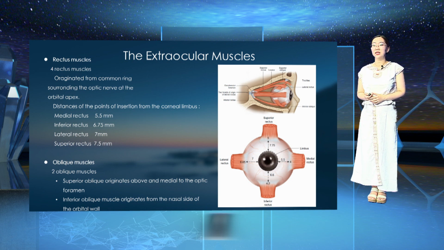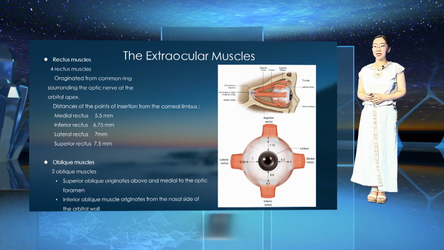The approximate distances of the points of insertion from the corneal limbus are as follows: medial rectus 5.5 mm, inferior rectus 6.5 mm, lateral rectus 7 mm, and superior rectus 7.5 mm.